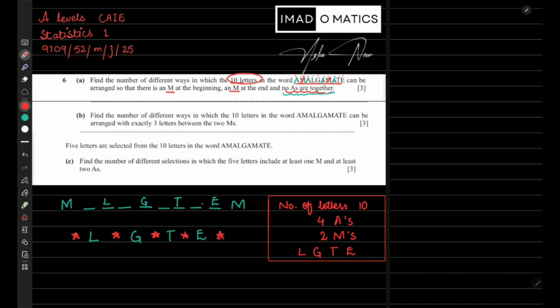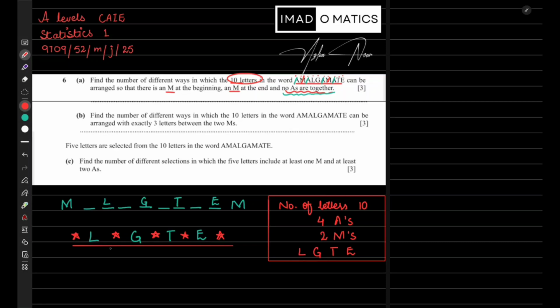What do I mean actually? In this arrangement also, you could start L, G, T and E like this, then this space will be empty. So for this reason we use this method to understand how many available spaces there are for A and how many A's there are.